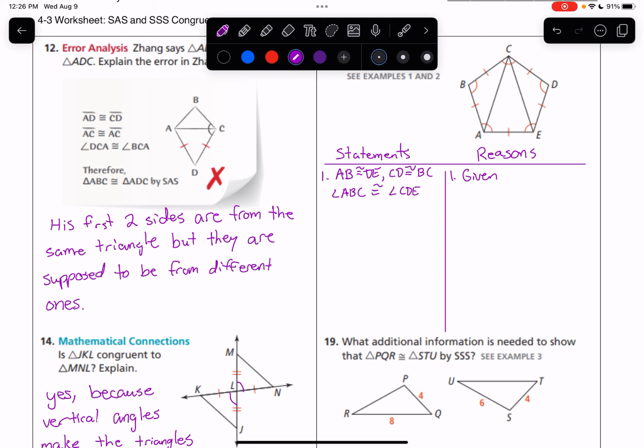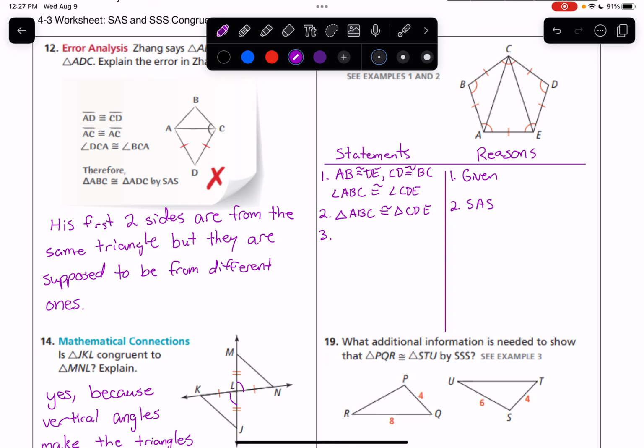And because of those things, they're already marked in the diagram, I can state that triangle ABC is congruent to triangle CDE by side angle side.